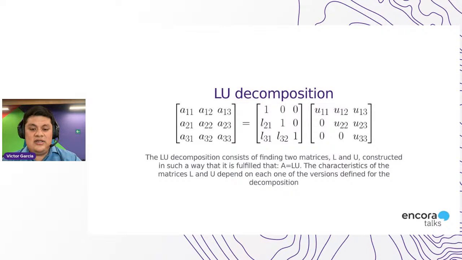We can see that in this specific kind of LU decomposition, the main diagonal is composed of only ones, but it's not always a rule for the LU decomposition.